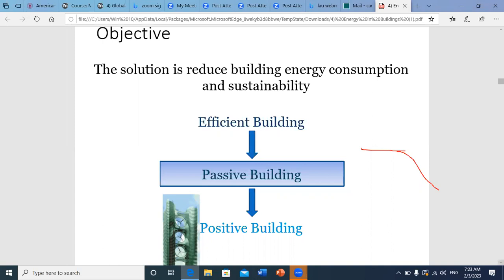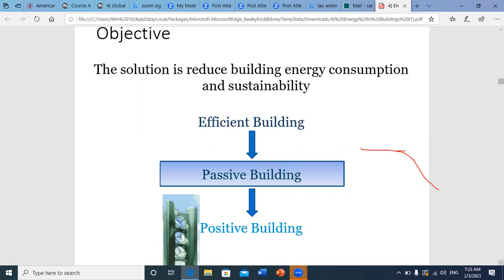When we talk about an efficient building, we are using efficient energy systems to deliver energy. For example, if you go to the heating ventilation sector, you are using HVAC systems, okay? And each heating ventilation system is characterized by a certain efficiency. One possible study, for example, is to see which type of ventilation system can give you the better efficiency.